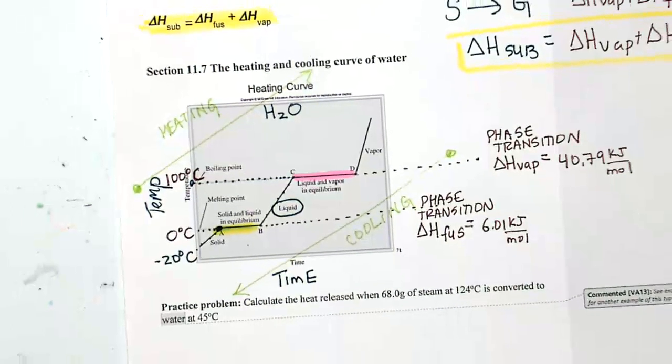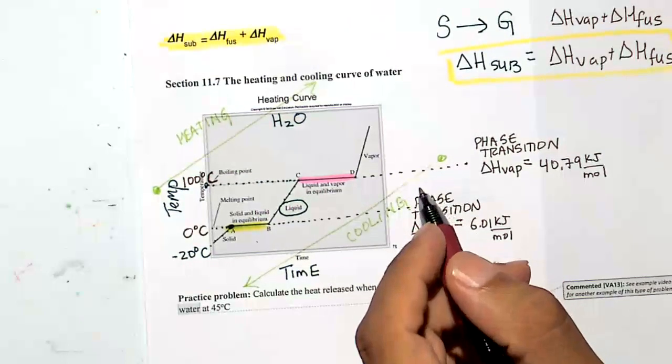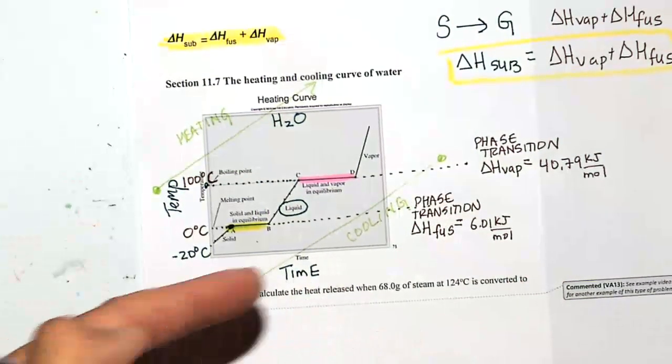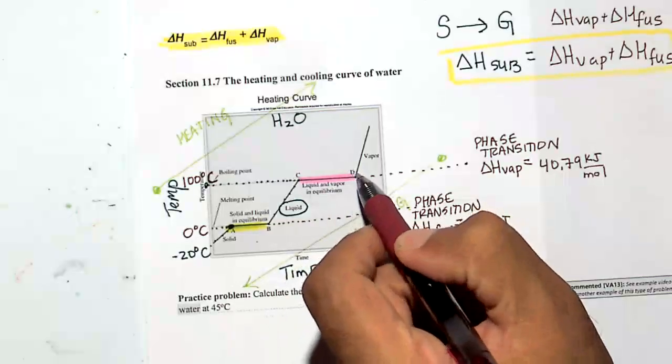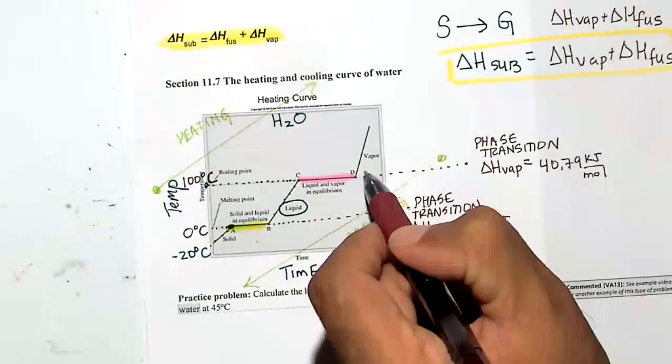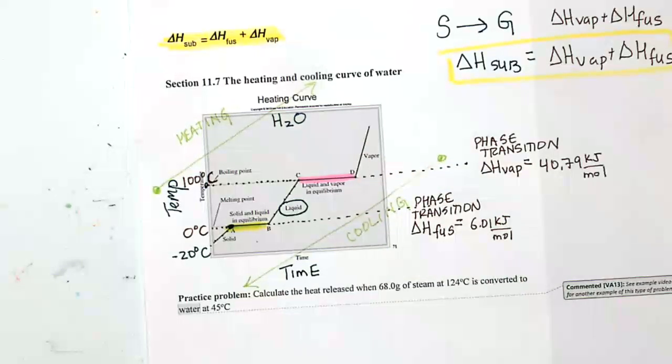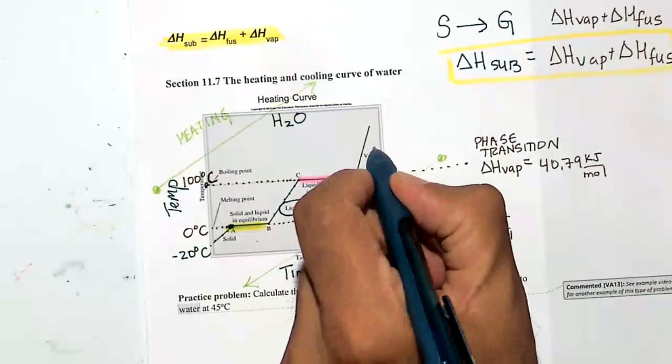And after we add enough heat over time, we overcome CD. We become more and more vapor until we become exclusively 100% vapor.